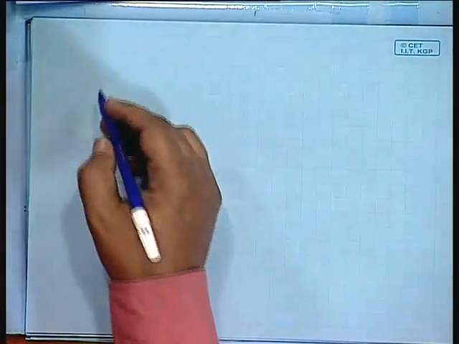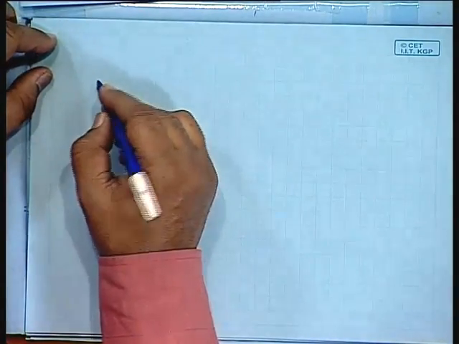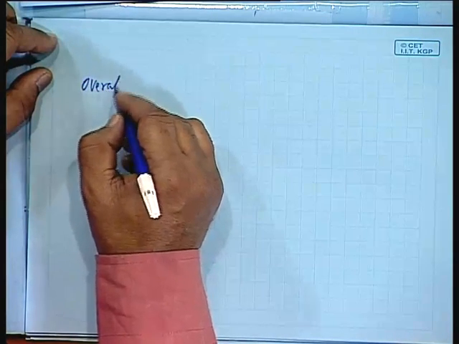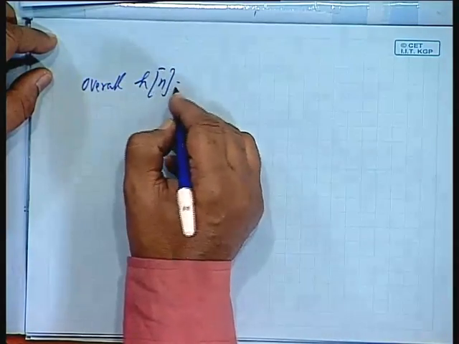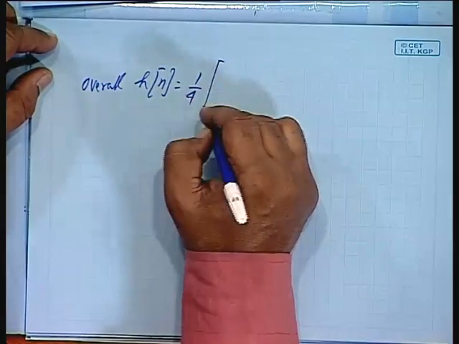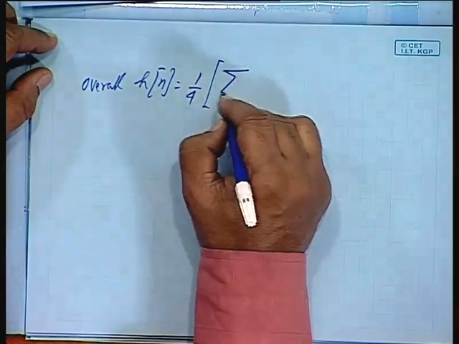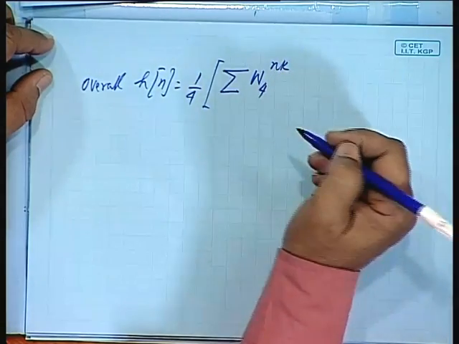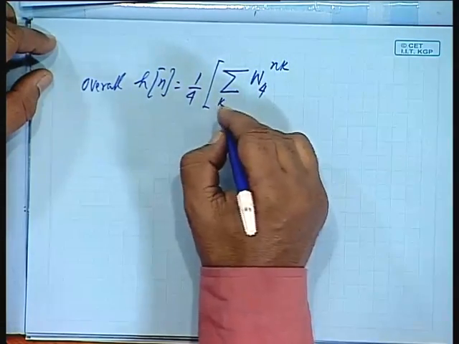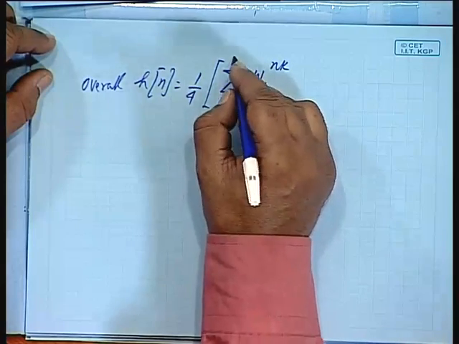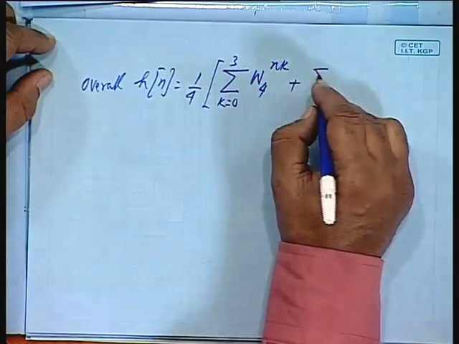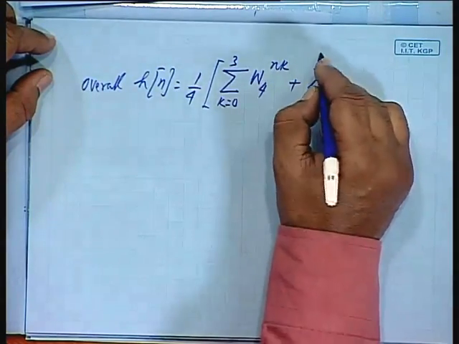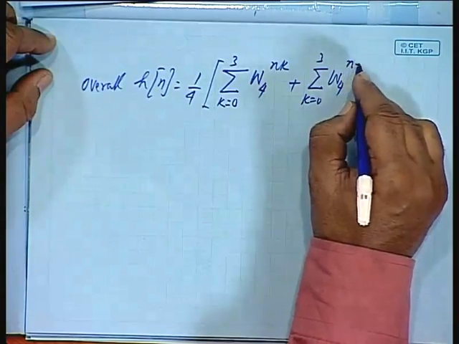So, it will be 1 by 4, therefore, actual overall Hn, I should write as 1 by 4 summation W4 n k, k varying from 0 to 3, plus summation W4 n minus 1 k, k equal to 0 to 3.